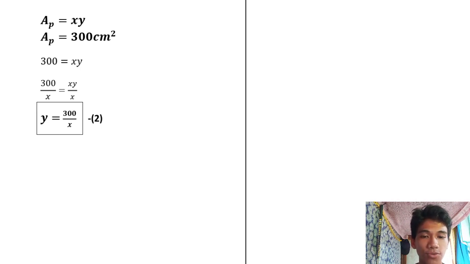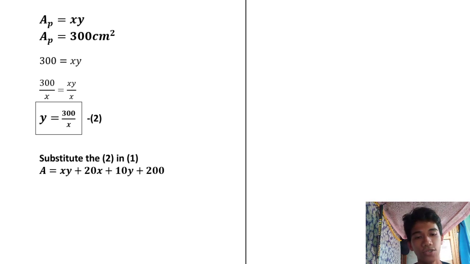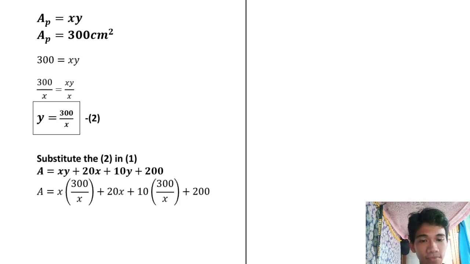We label it number 2. After that, we substitute the value of y into the first equation. The first equation, number 1, is A equals xy plus 20x plus 10y plus 200. So we substitute the value of y, which is 300 over x. We have A equals x times 300 over x plus 20x plus 10 times the quantity 300 over x plus 200.